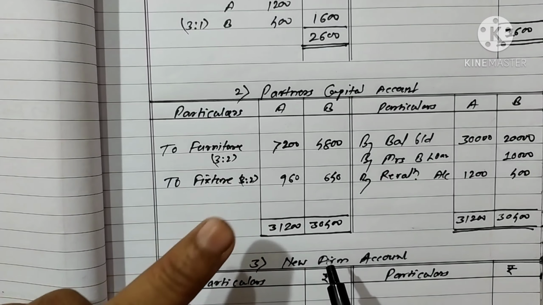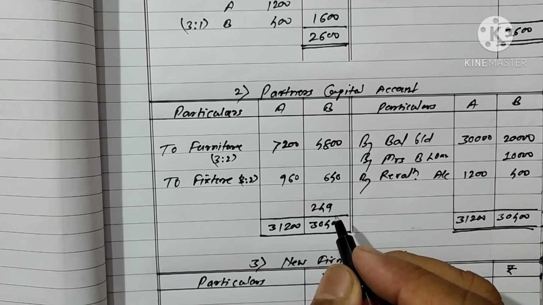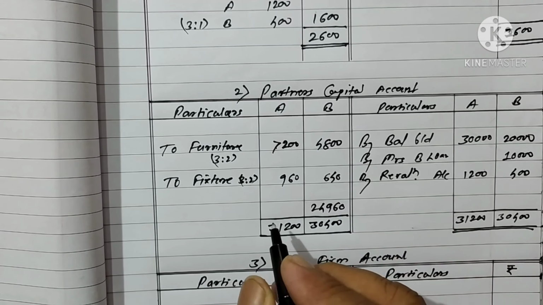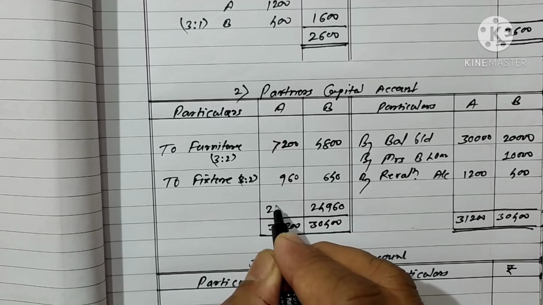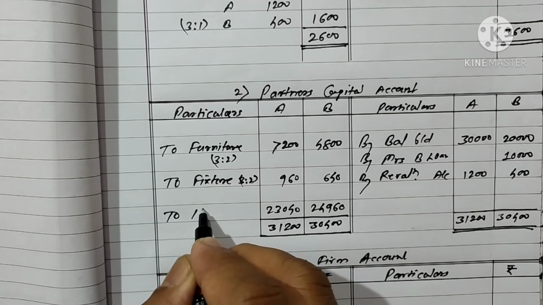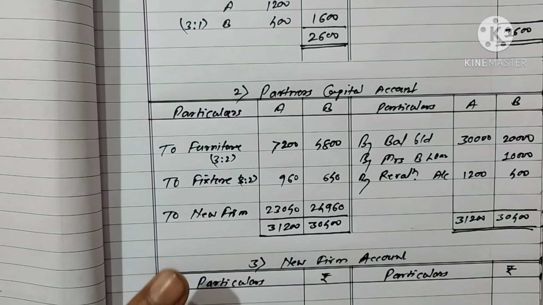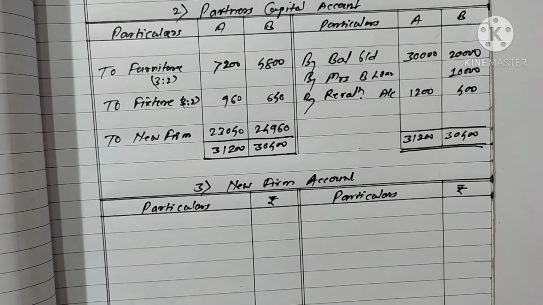From this we subtract these figures and the answer comes 24,960 and here 23,040 is the closing capital transferred to the new firm account. It will appear on the new firm account credit side.